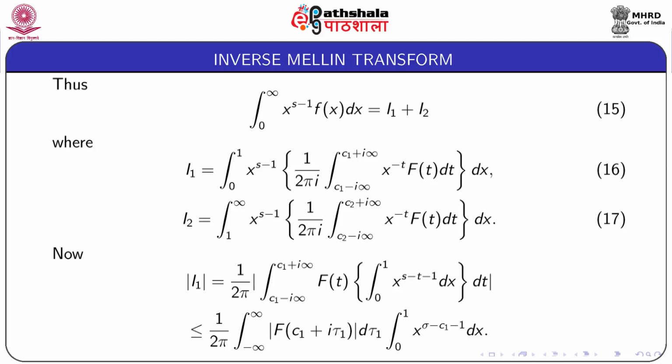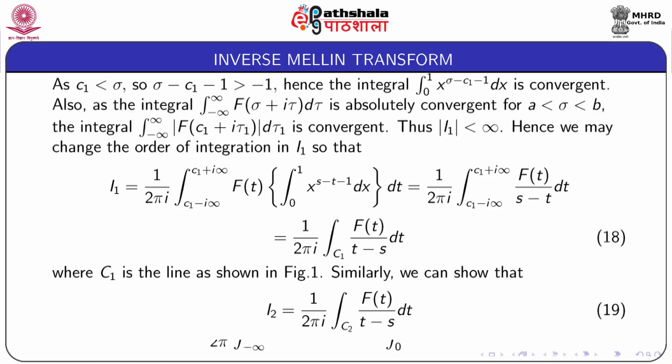So that mod of I1 is less than or equal to 1 by 2 pi integral from minus infinity to plus infinity mod of f of c1 plus i tau 1 d tau 1 into integral from 0 to 1 x to the power sigma minus c1 minus 1 dx after taking the modulus value.